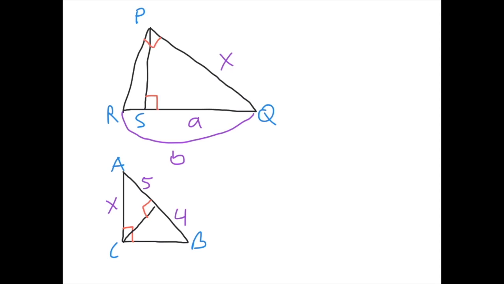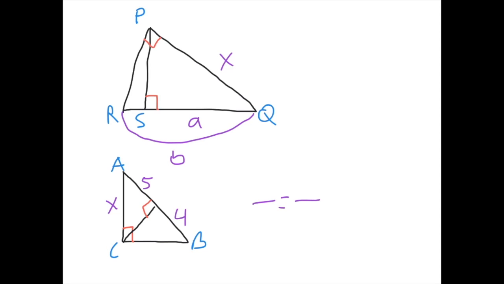So in this case, what's going to happen is we want to find the leg AC, and we're given the 2 parts of the hypotenuse, 5 and 4. So first, you have to set up the proportion.